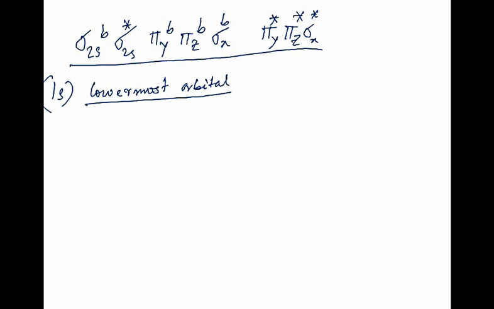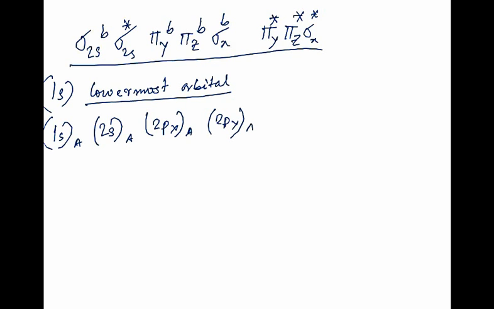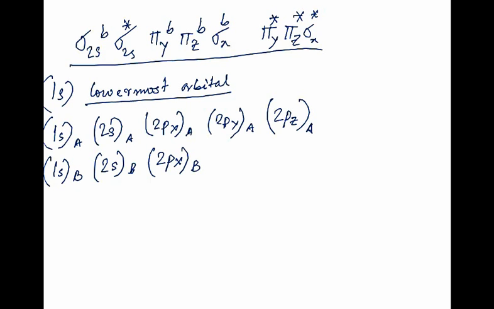If we represent the 1s orbital level, I can write the orbitals as 1s of A, 2s of A, 2px A, 2py A and 2pz A. Similarly, for the atom B, we can write 1s of B, 2s of B, 2px B, 2py B and 2pz B. And then the overlap will give rise to such orbitals.